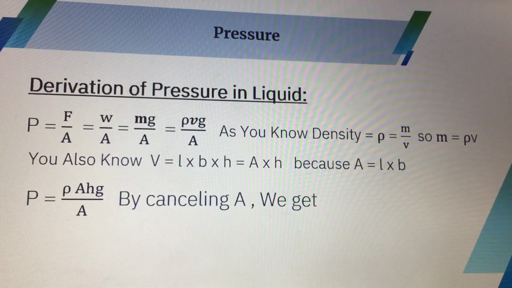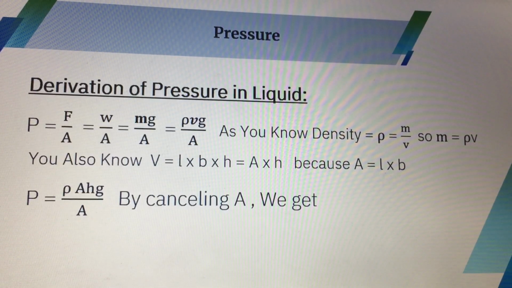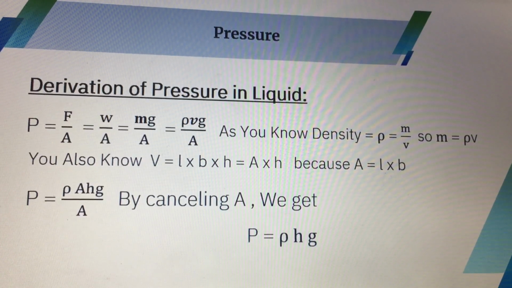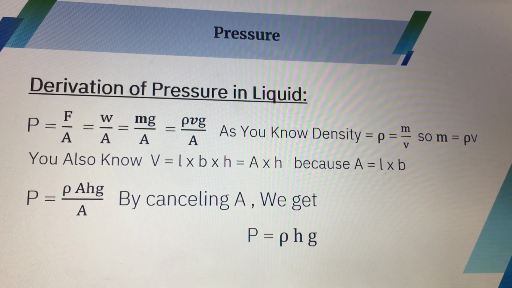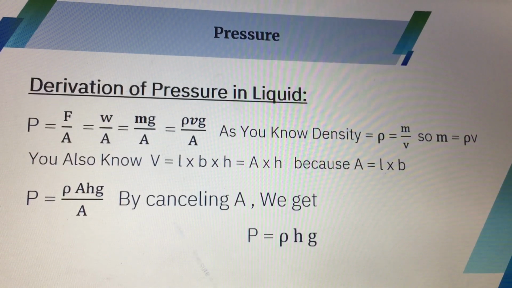So cancelling A in denominator and numerator, we get pressure equal to rho g h.